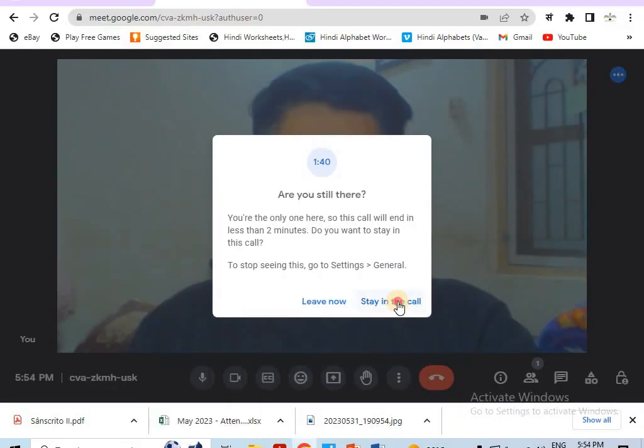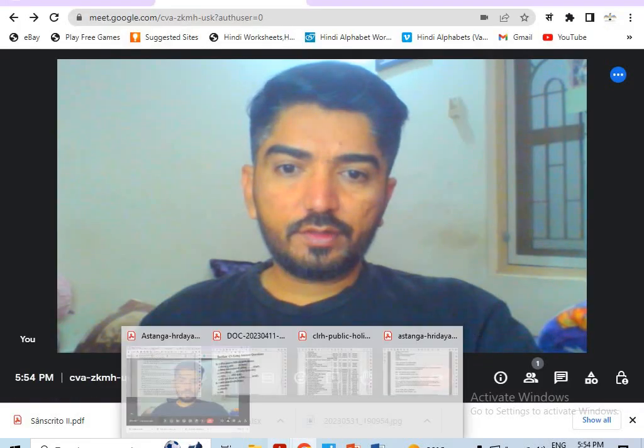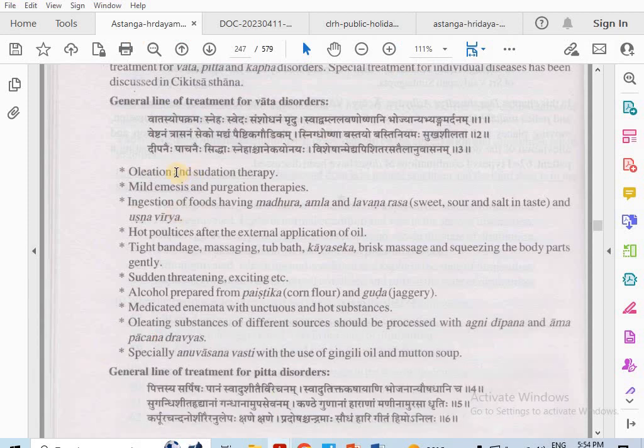Once again, yes, and then the next third sloka. Deepane pachane siddha snehascha nekayonayah visheshan medya pishita rasa tela nuvasanam. So this is the general line of treatment for Vata disorder, students.